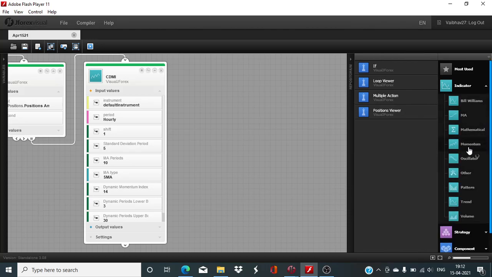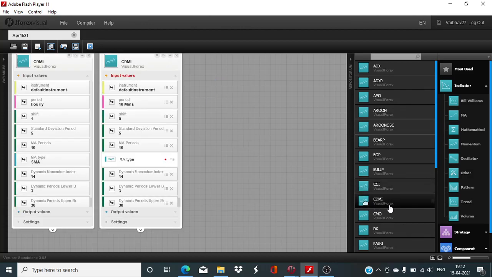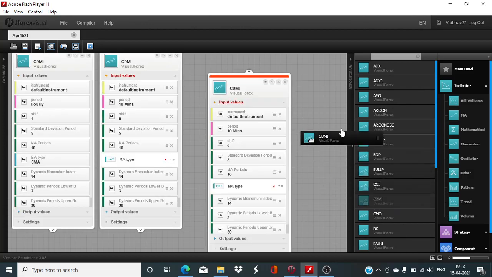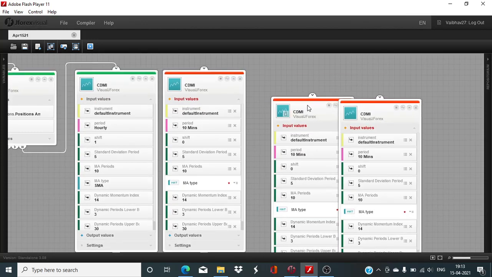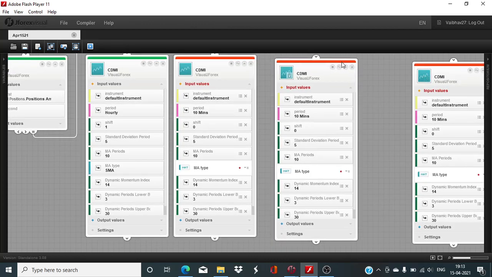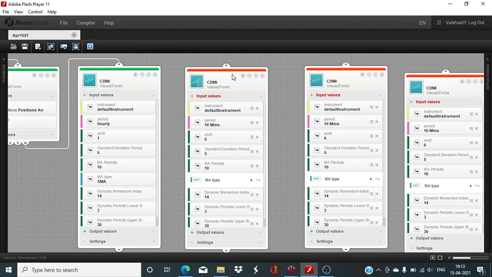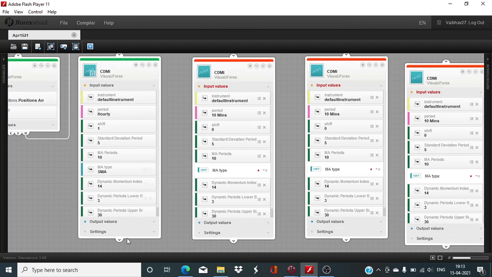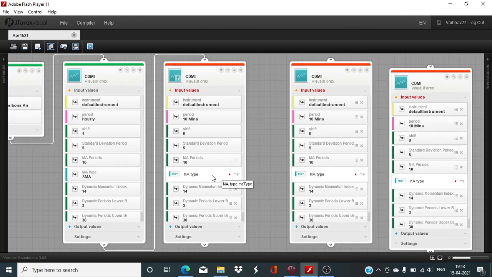Momentum indicators, and in it, here it is, we are going to need four of these blocks. Okay, and we will have to define its input parameters also.